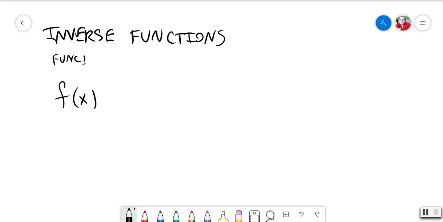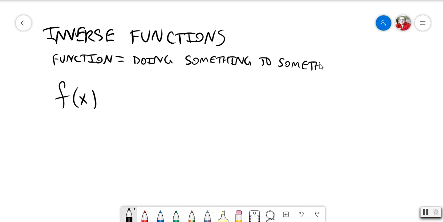A very, very informal way you could say a function is doing something to something. That's not very mathematical language. You might say, well, doing something to something, that could mean anything. And it could.